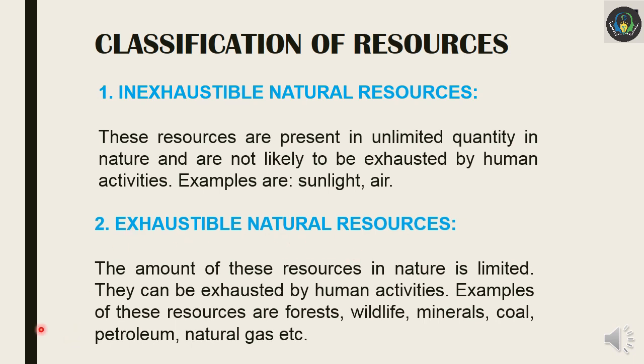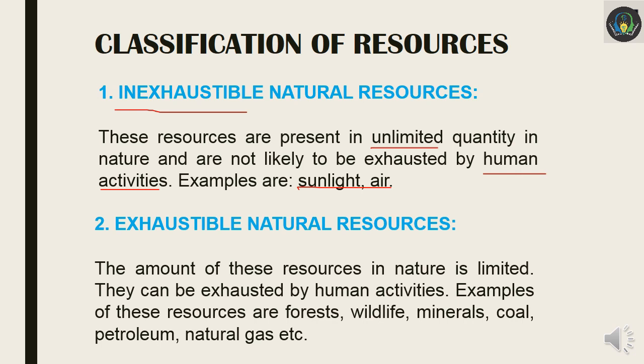Now, as the name suggests, so is the work of it. Inexhaustible natural resources are present in unlimited quantity in nature and are not likely to be exhausted by human activities. Examples are very easy: sunlight and air.